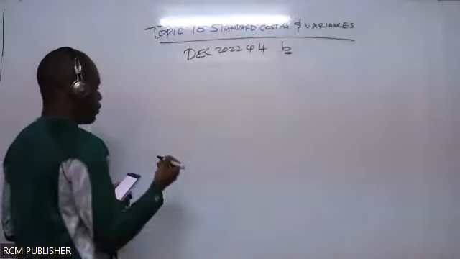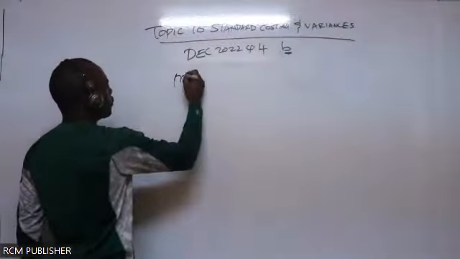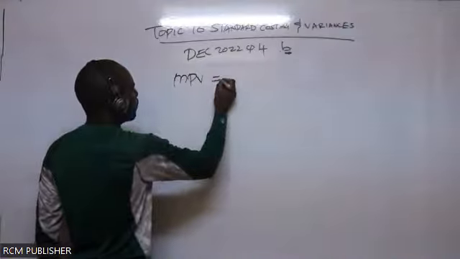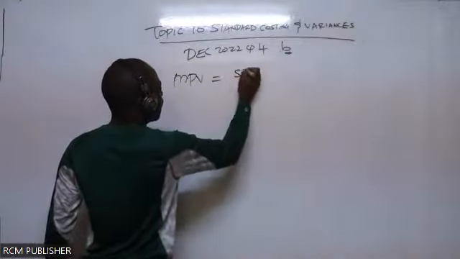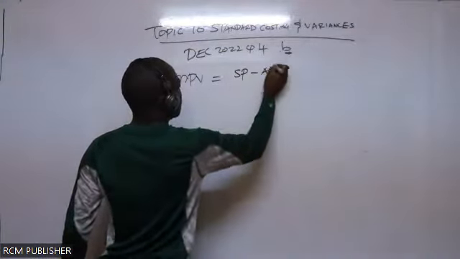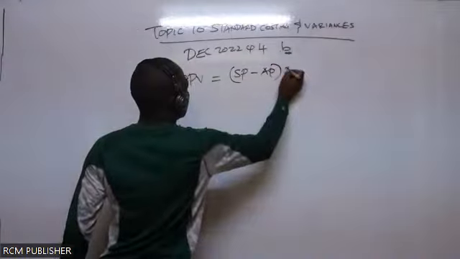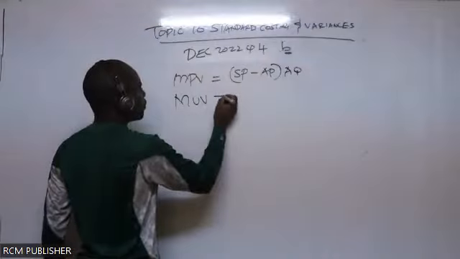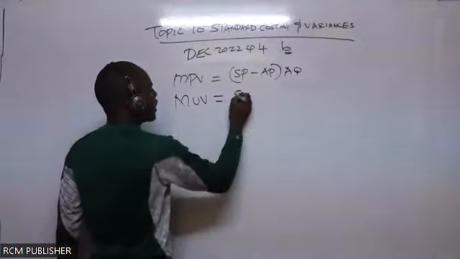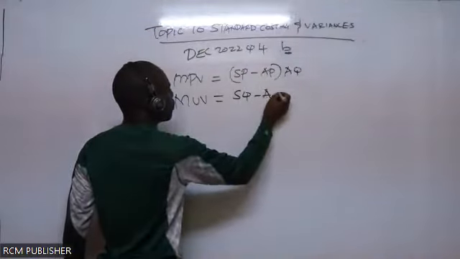So let's now come to this part. Material price variance is equivalent to, we are comparing the variances in the prices. So we get the standard price minus actual price, then everything we multiply by actual quantity. Material usage variance will be equivalent to standard quantity minus actual quantity.